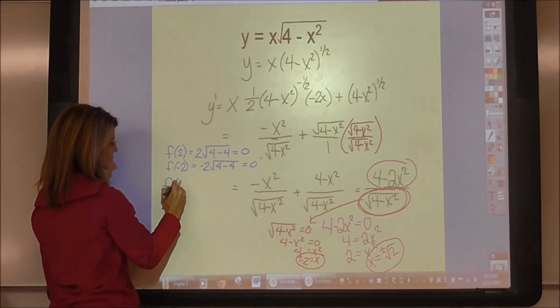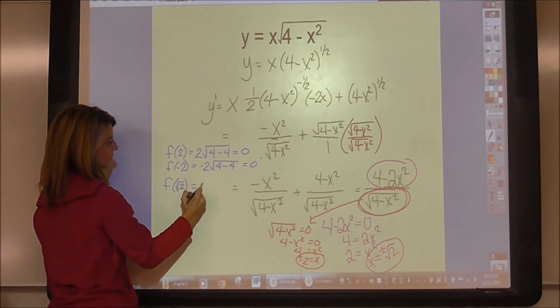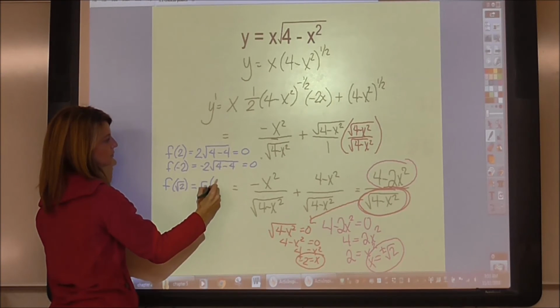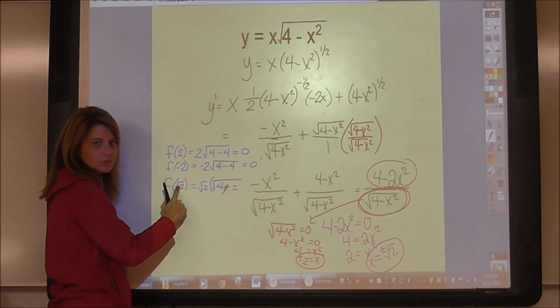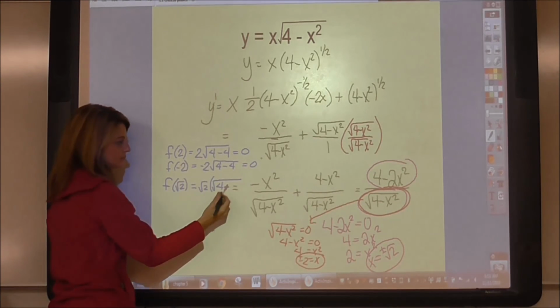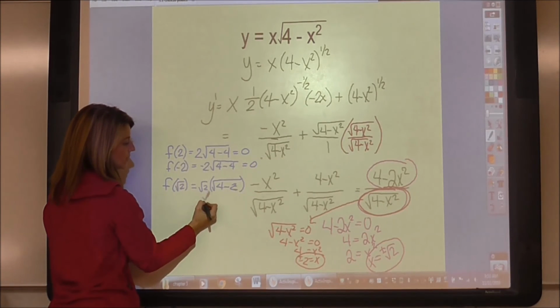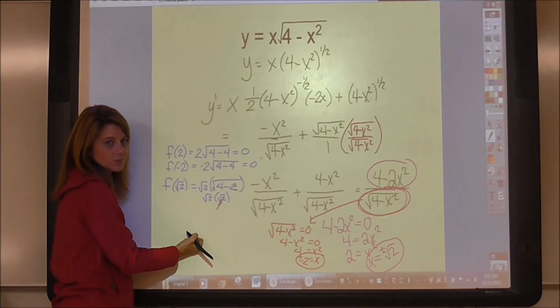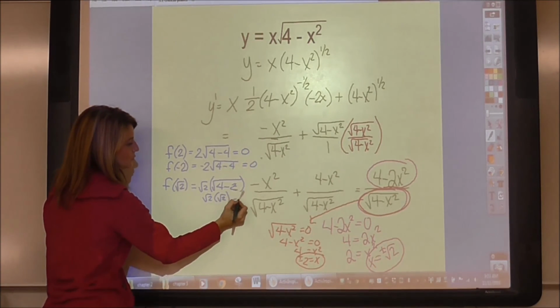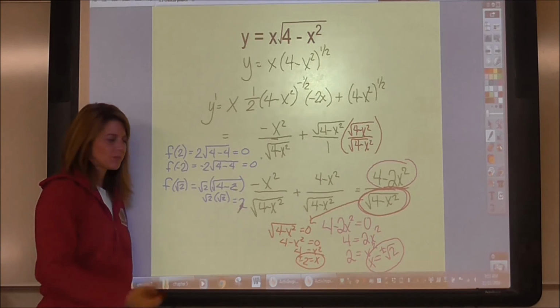What about square root of 2? Well, x is the square root of 2, and now I'm taking square root of 4 minus square root of 2 squared. So I'm getting square root of 2 times a square root of 2. And what's square root of 2 times square root of 2? 2. Oh, well that wasn't that bad.